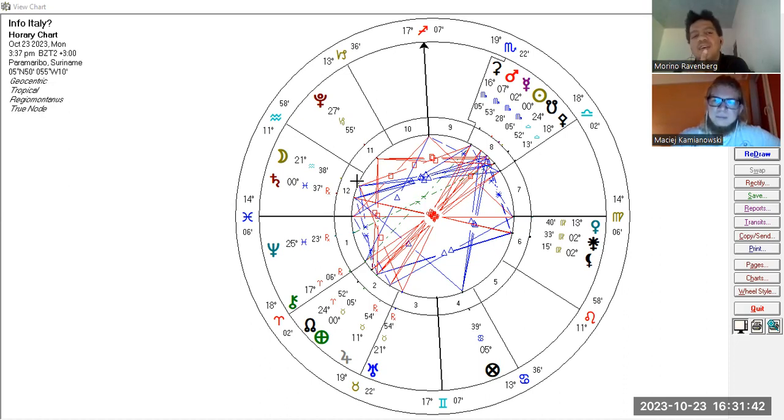Thanks, Maciej. Venice in English. In any case, that's also what this house denotes, that Italy as a whole does make use of all the water it has at its disposal. So as you can see, as always, everything lines up perfectly.